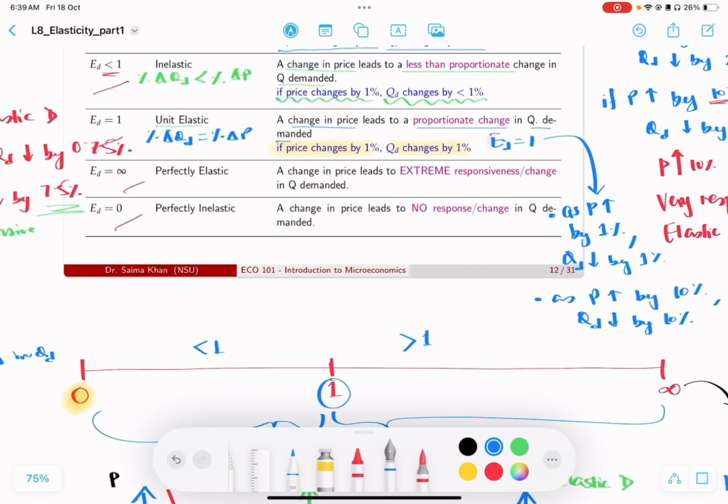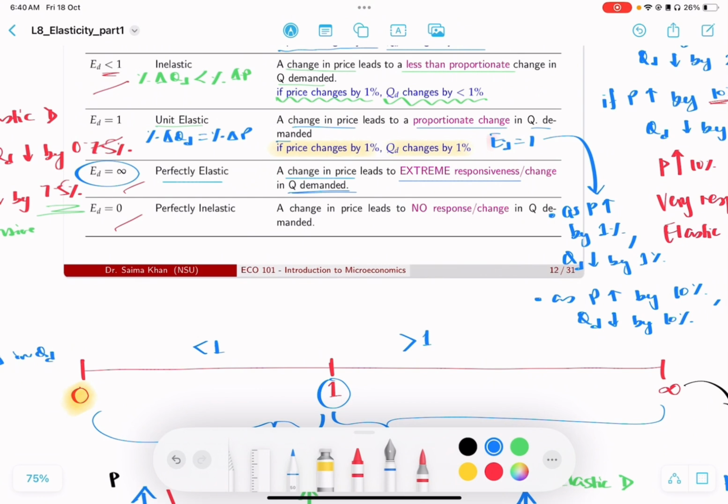Okay, now we come to elasticity of demand is infinity. So it is perfectly elastic. Now we've done this before, that if you were to do a small change in price, there's extreme responsiveness in terms of quantity demanded. Remember the example that I gave, that there are a lot of sellers selling that same identical good.